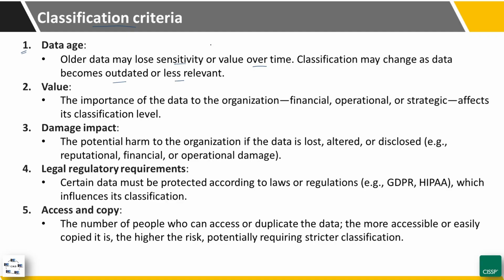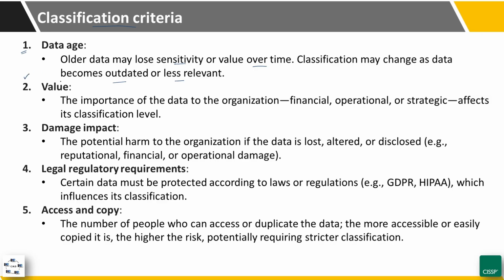In the US, I think there is some specific time, maybe 50 years or so, after which classified data can be declassified. So basically, the lesser the age, the more sensitive and valuable the data is, and as the data gets older, its value and sensitivity decrease.